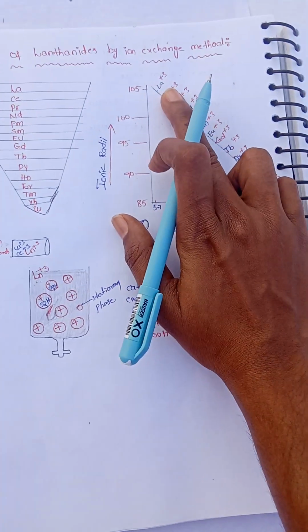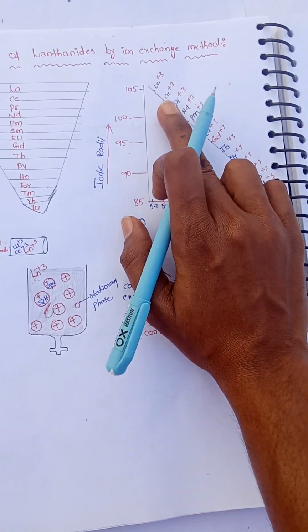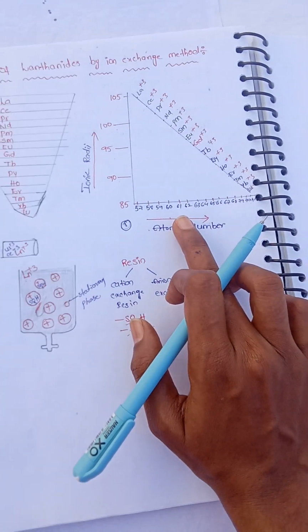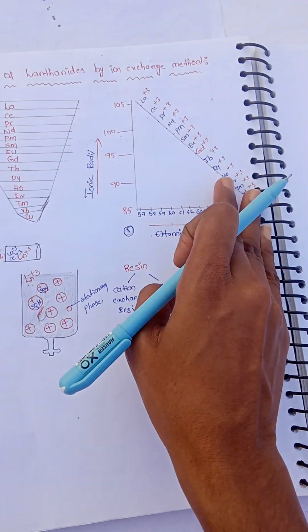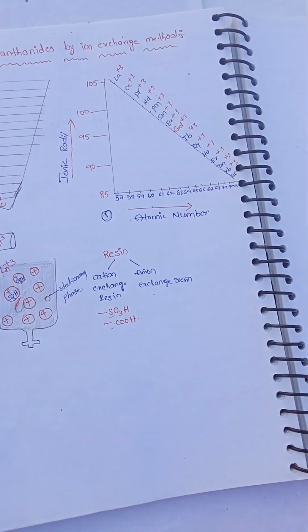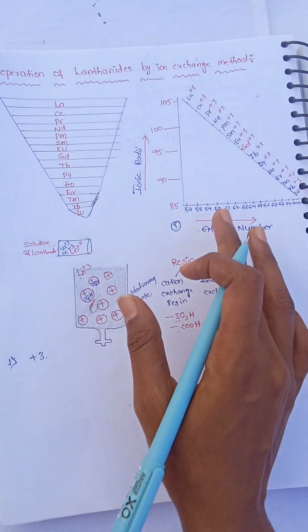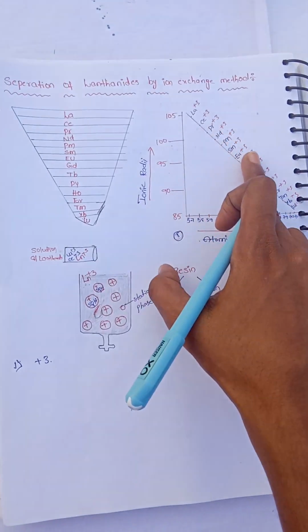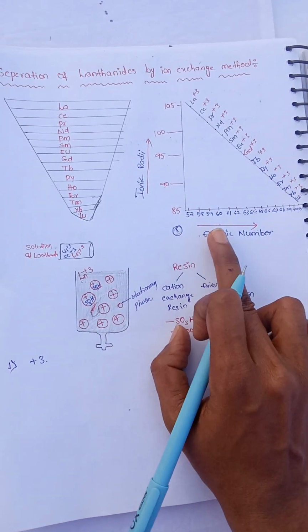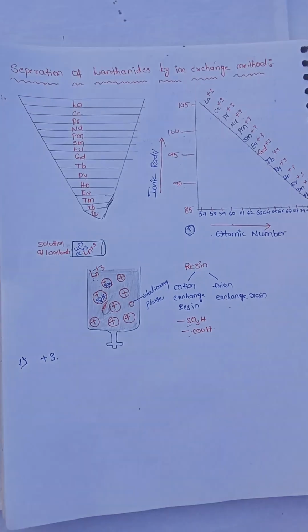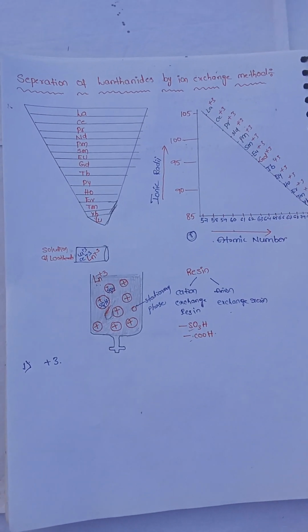Lanthanum is not an f element, so we consider from cerium to lutetium. That is the first point: all lanthanides are plus 3 ions, and as atomic number increases, ionic radii decrease from lanthanum to lutetium.